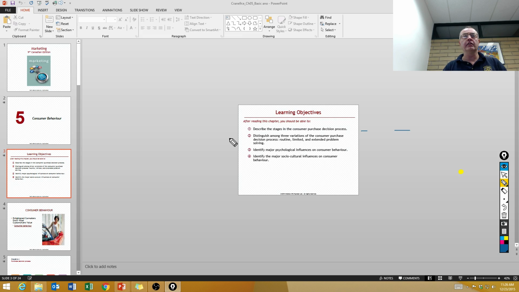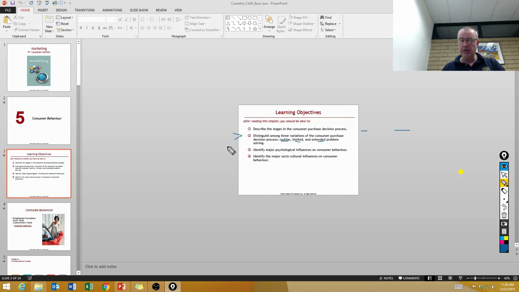And then we look at three variations on that five-step model. Sometimes we take shortcuts. So when we're making so-called routine purchases, we sometimes take shortcuts instead of going through the full 5 steps. And then we tend to use the full 5 steps for so-called extended problem solving. And then we have an intermediate version called limited problem solving.